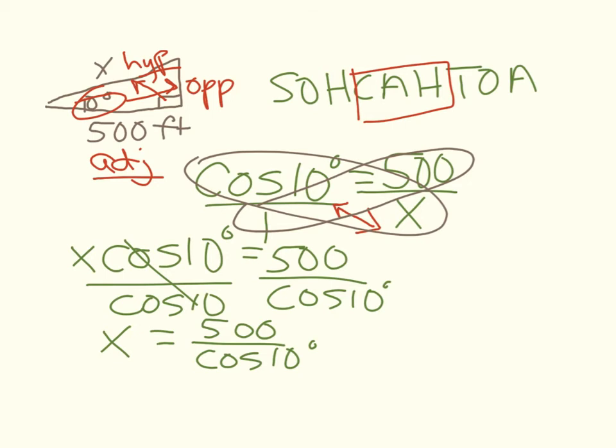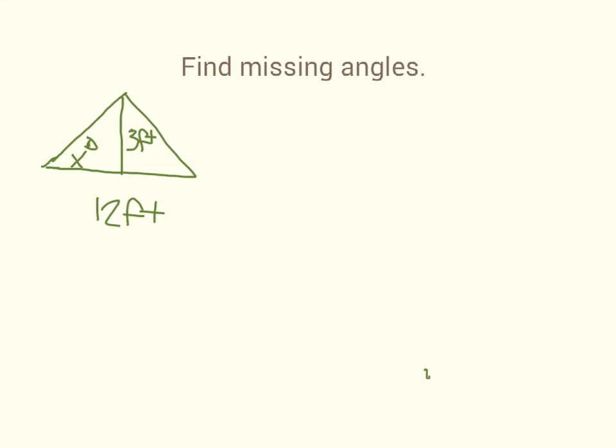So in the future, if your variable's on the bottom, you just need to switch places with the trig function and then solve. Okay, so now I need to get my answer by using my calculator. And x is going to equal 507.7 feet. So that ramp there, the hypotenuse, is going to be 507.7 feet.